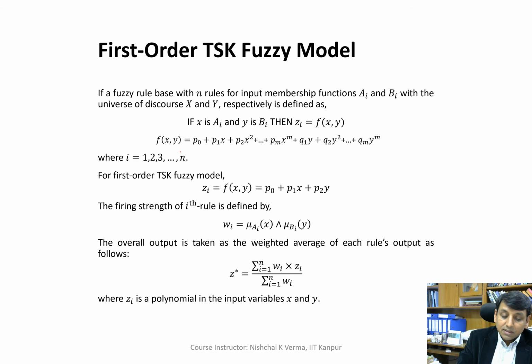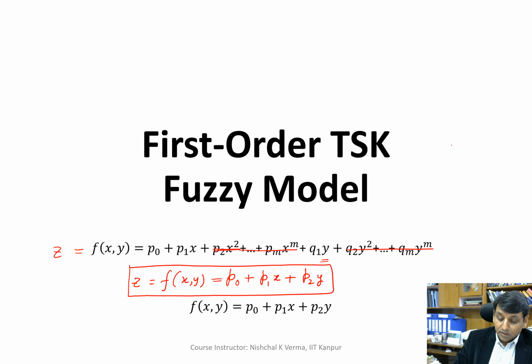So here this is the general form of the polynomial of the output of the first order TSK fuzzy model, but here m can be only 1. So the value of m can be only 1. When we say first order TSK fuzzy model, it means m is equal to 1.